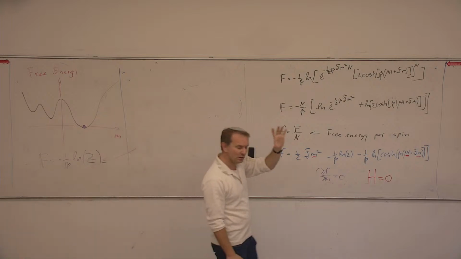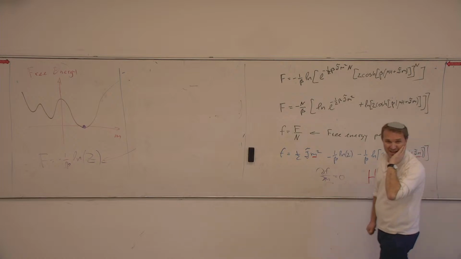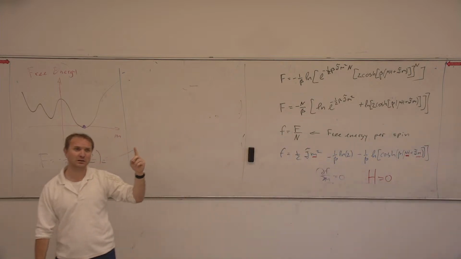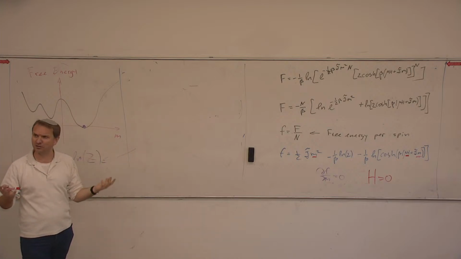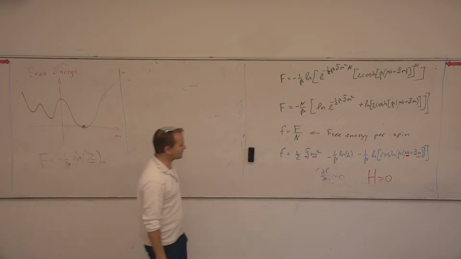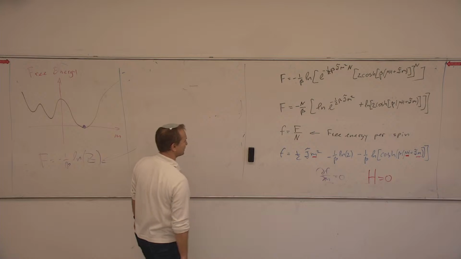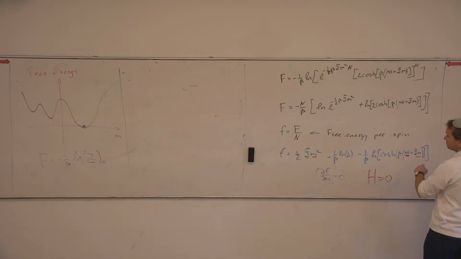But the interesting part is, can we have a magnetic moment that is not due to the interaction with the outside world, but to the inside interactions of the particles among themselves? Okay. So we're setting h to 0, and we want to explore this equation over here. So we don't have mu h over here, which is nice.